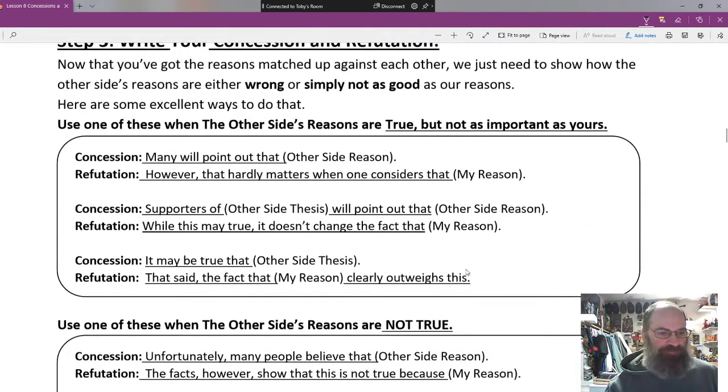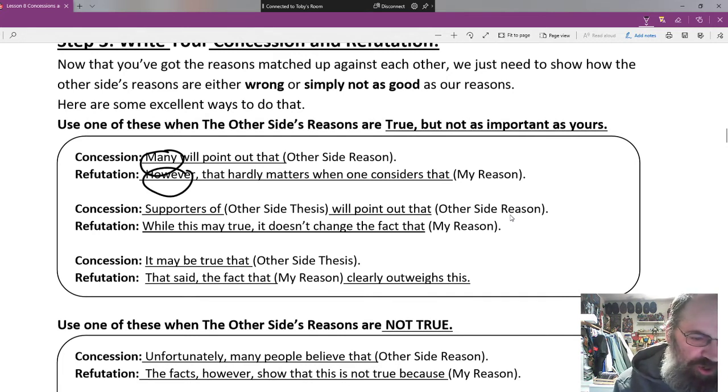All right, so there's two ways to go about it. Use one of these when the other side's reasons are true but not as important. Many will point out, however, so these are your discourse markers.